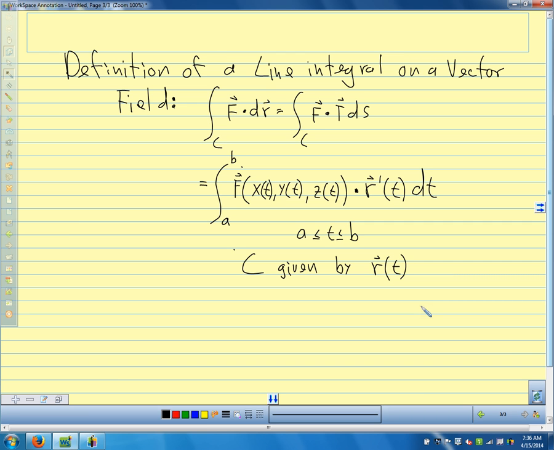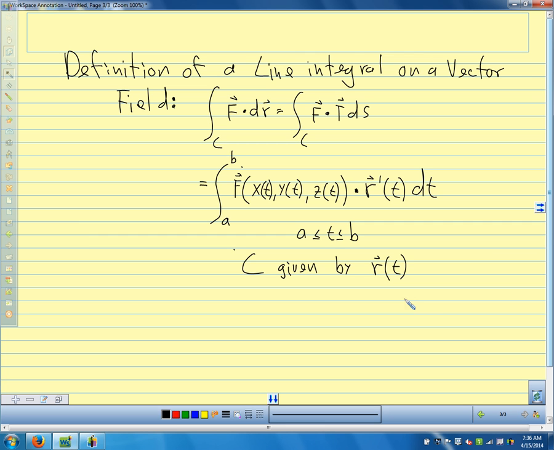What we'll do on Thursday is talk about a little different form of a line integral on a vector field, what we'll call a differential form. So just another way to work with this. And then what we're going to eventually do is talk about what happens when our vector field is conservative. When we have a conservative vector field, some very nice things happen with line integrals that can make our lives much easier when we're evaluating line integrals.